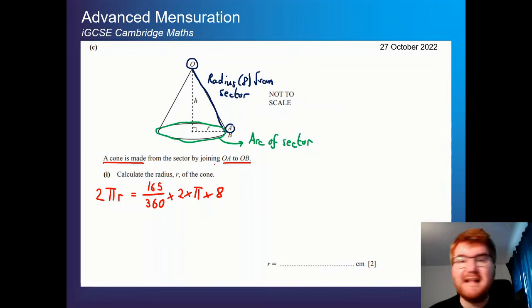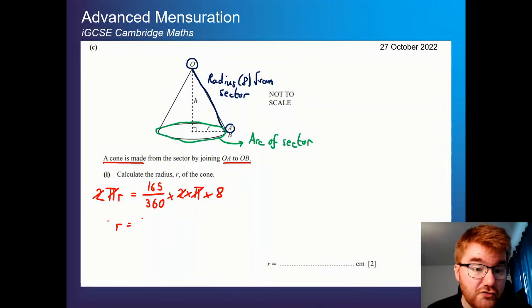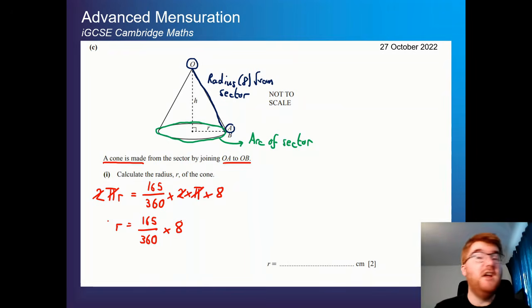Now we can do lots of cancelling here, which is amazing. So we can cancel out the pi's from both sides. We can also cancel the 2's from both sides. And then r just drops out to be 165 over 360 times 8. Now again, you could do this without a calculator, but let's go to my calculator and work this out.